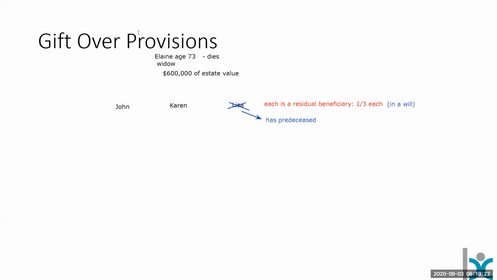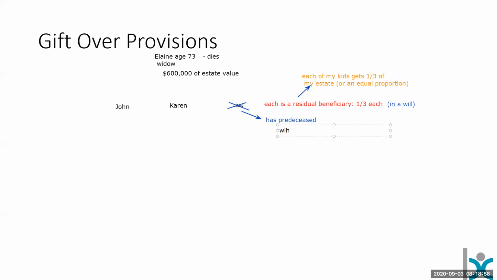Let's say, for the sake of argument here, that the language in the will is each of my children gets 1/3 of my estate. Or what she might have done is an equal proportion. With no other language in the will, what's going to happen here is essentially John and Karen will benefit from Lisa's premature death.